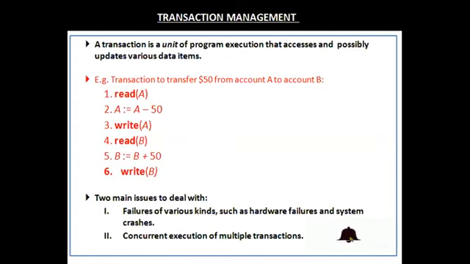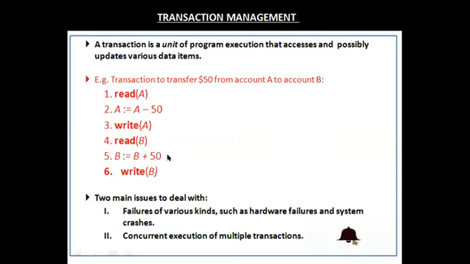Now, the fourth step. Again, in account B, he has to check with a read B operation, because what is the current available amount in account B? Then B is equal to B plus 50. Account A transferred the amount, that is $50, so is that amount credited or not in account B?